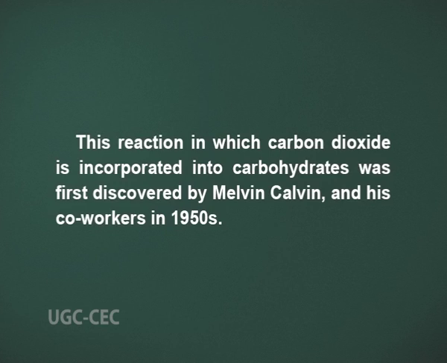This reaction, in which carbon dioxide is incorporated into carbohydrates, was first discovered by Melvin Calvin and his co-workers in the 1950s. All photosynthetic eukaryotes, from the most primitive alga to the most advanced angiosperm, reduce carbon dioxide to carbohydrate via the same basic mechanism through the photosynthetic carbon reduction cycle.